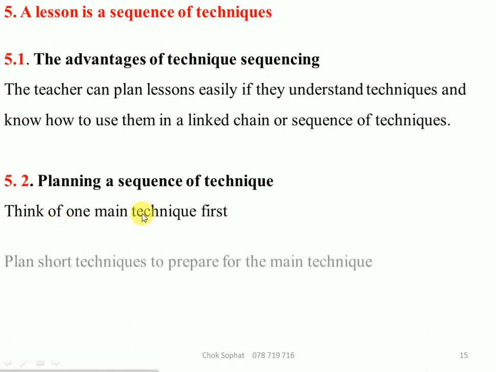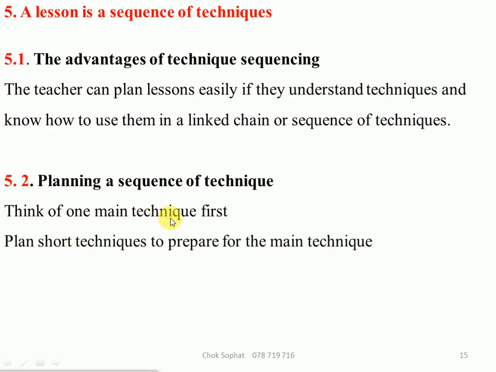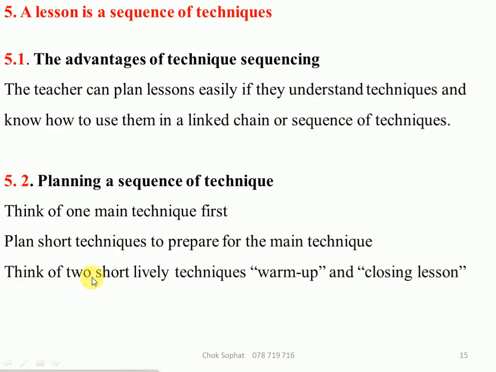Then plan a short technique to prepare for the main technique. Then think of two short lively techniques, for example a warm up and closing the lesson.